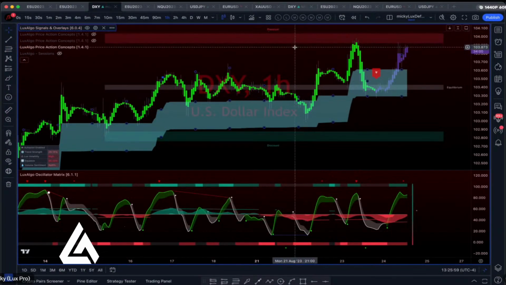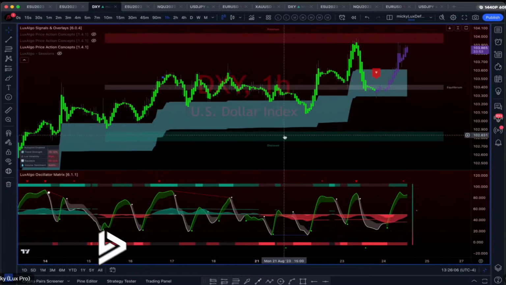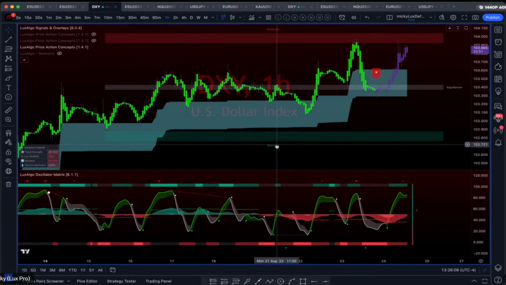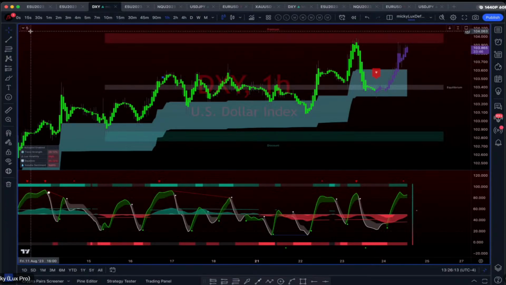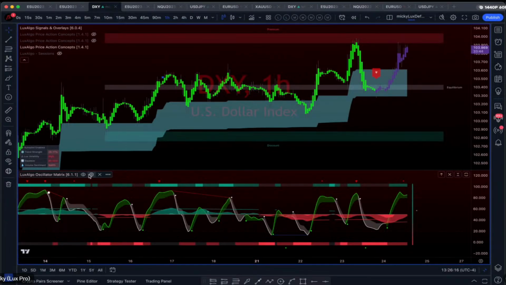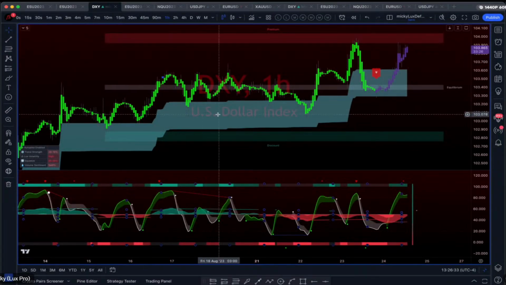What I also added to the chart is price action concepts, just the premium and discount zones. That's all I have on the signals and overlays. Okay, the matrix oscillator matrix, the only number 2. That's pretty much it. Slight difference.